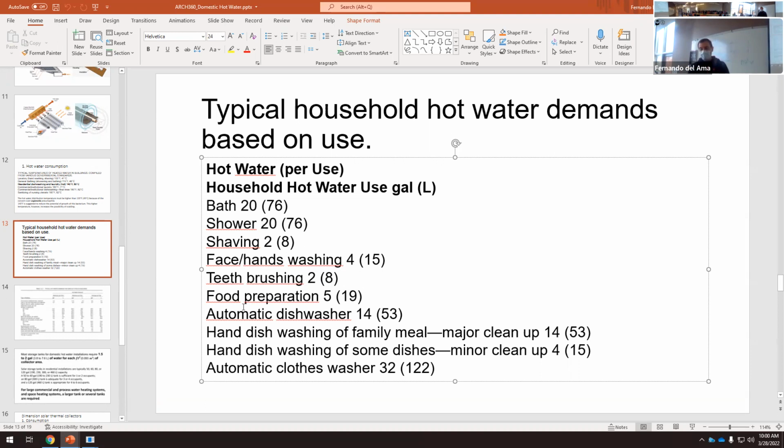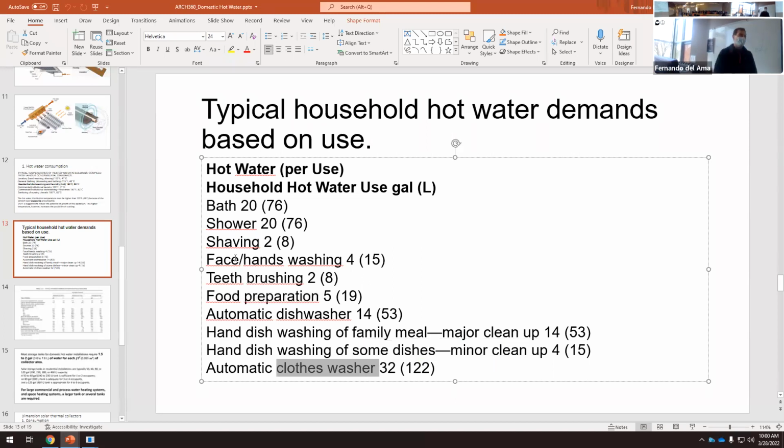Probably there are a lot of people not preparing food, but you have to wash the dishes and the clothes for the athletes. So the hot water that we need in different buildings depends, especially on whether we have showers, a clothes washer, or a dishwasher.